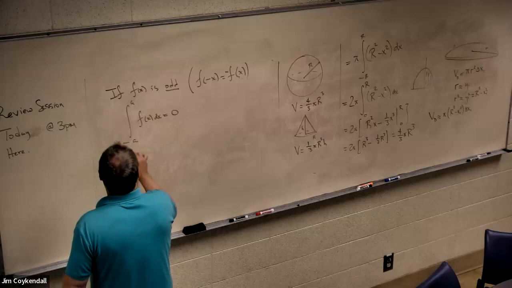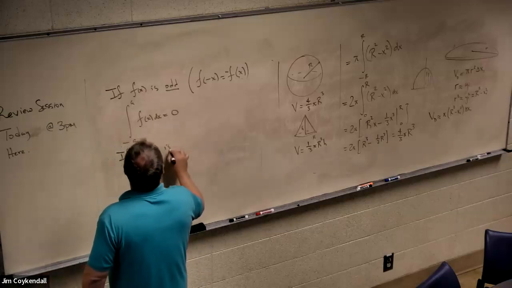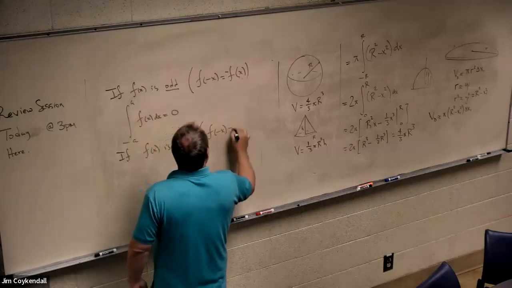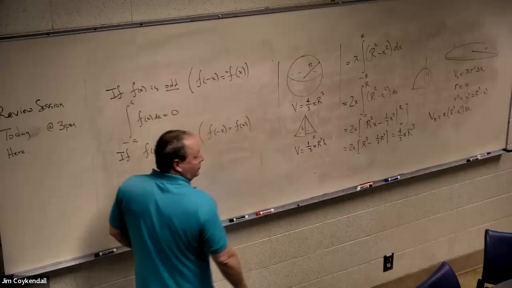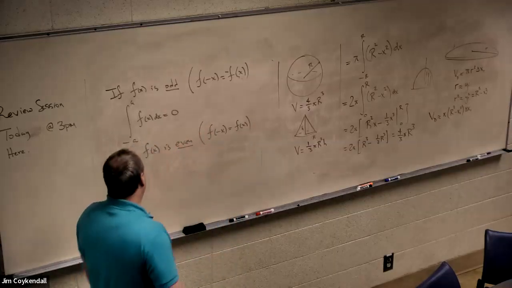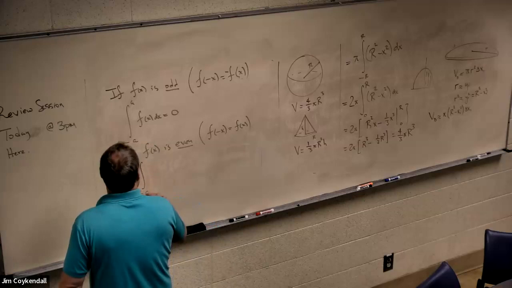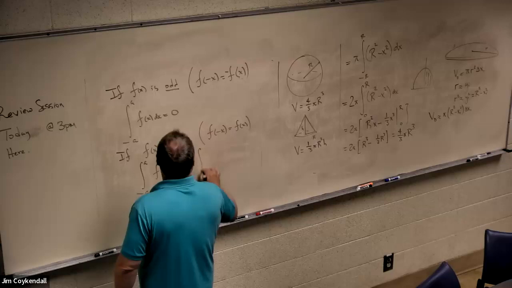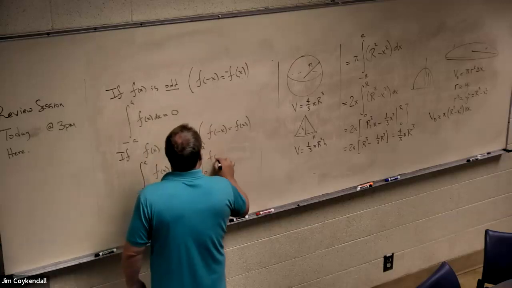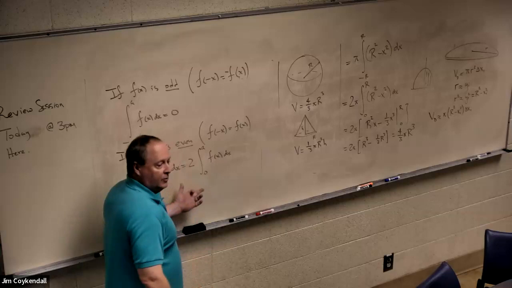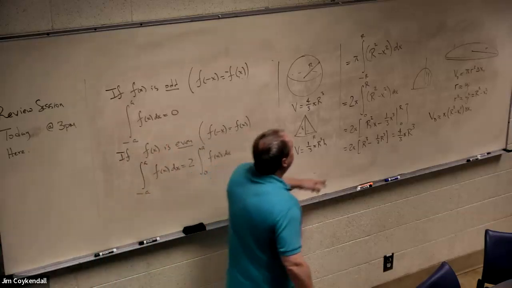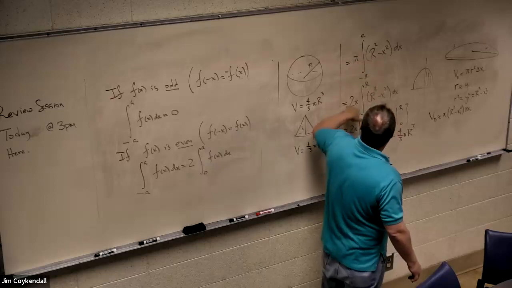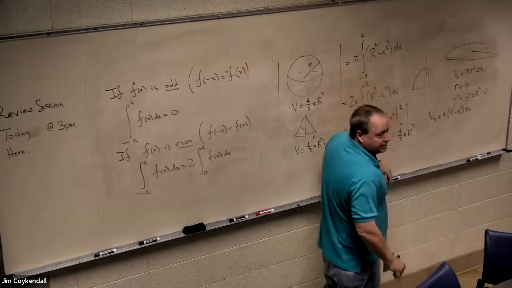And if f of x is even, and what that means is when you replace x with minus x, it doesn't change the function at all, something like x squared plus 9x, then the integral from minus a to a of f of x dx is twice the integral from 0 to a of f of x. And this happens to be an even function. So instead of going minus r to r, which is more obnoxious, I went twice this from 0 to r.